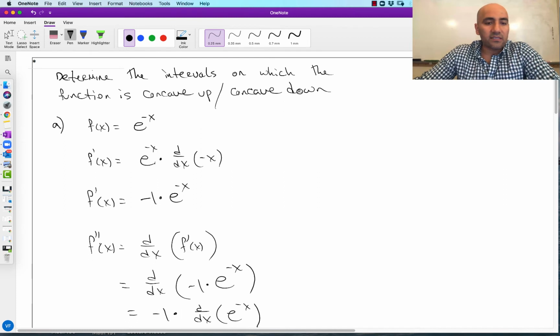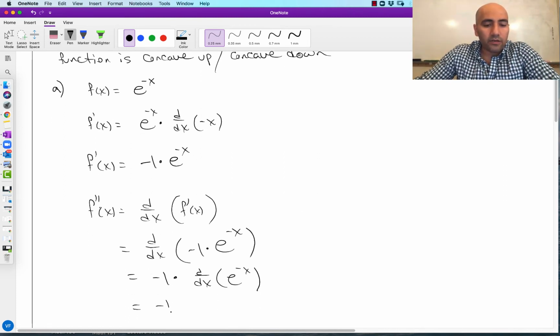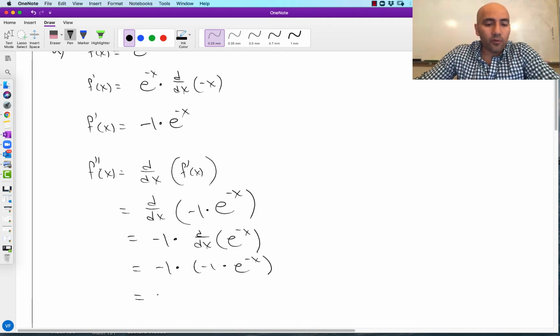Well, in this case, it's exactly the same one we just found. So we're going to end up with another negative 1 times e to the negative x. So these two cancel out, and we'll end up with e to the negative x as our second derivative.